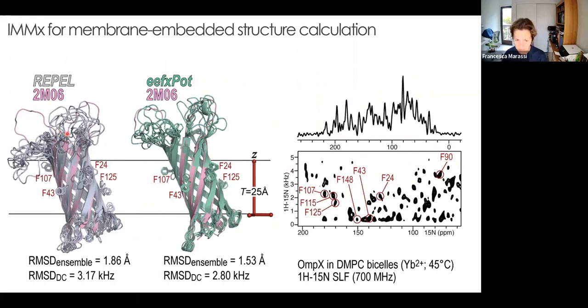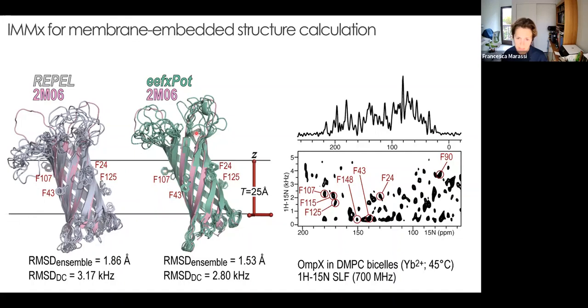OmpX is not functional, but you'll notice that the structures calculated with REPEL end up giving you this fuzzy mess of loops, including structures that are simply not realistic because the loops end up folding themselves back onto the beta barrel body of the protein and inserting themselves into the membrane.